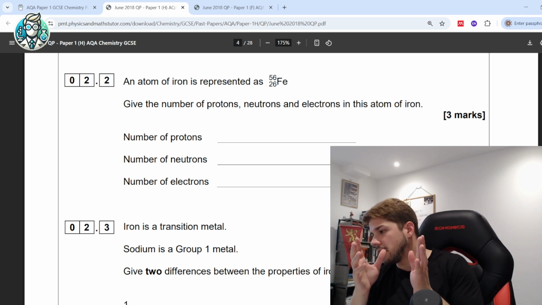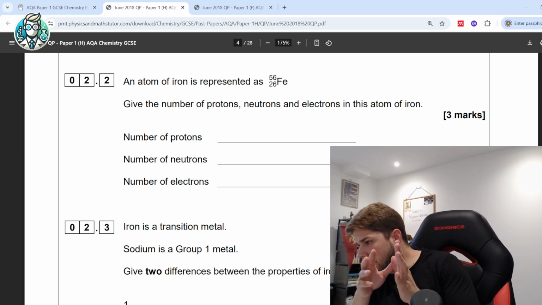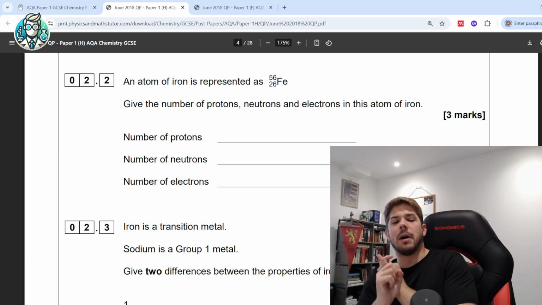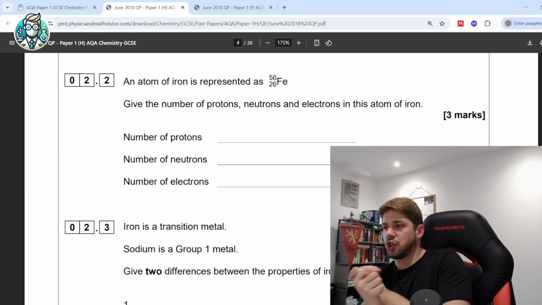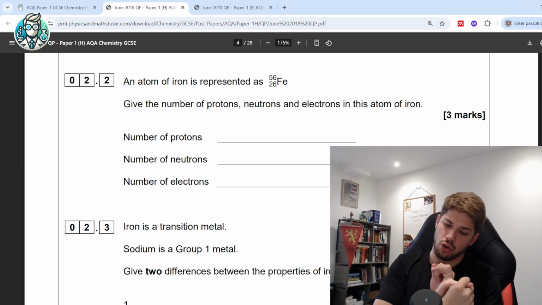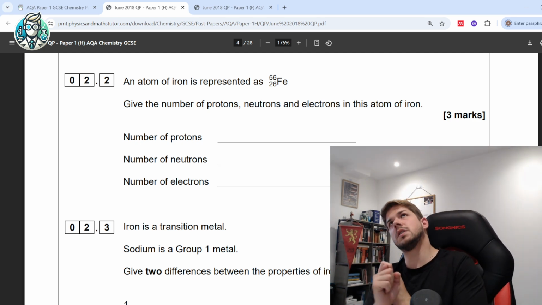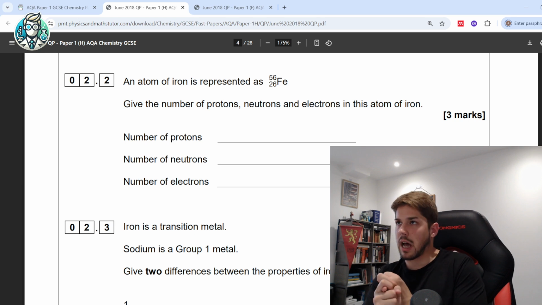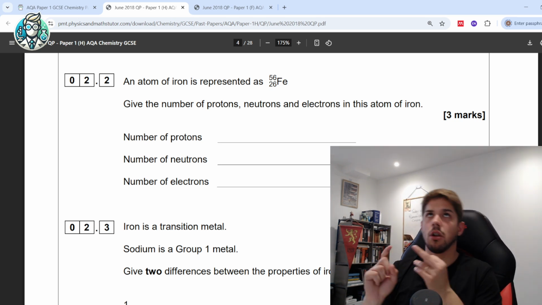So, what difference do we see between iron and sodium? There are so many. For example, iron is stronger than sodium. Iron is a better conductor than sodium.